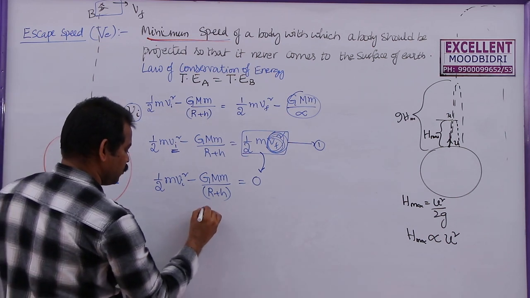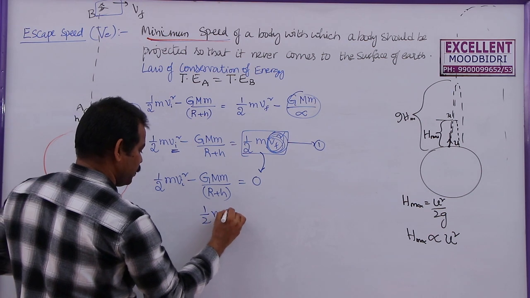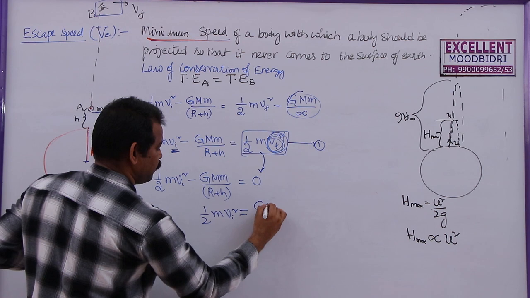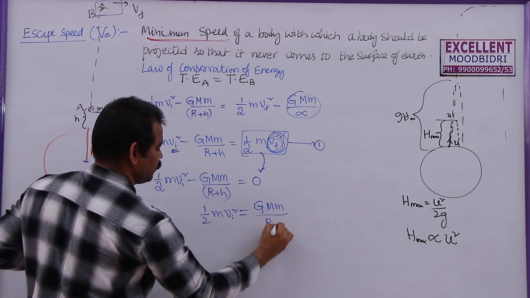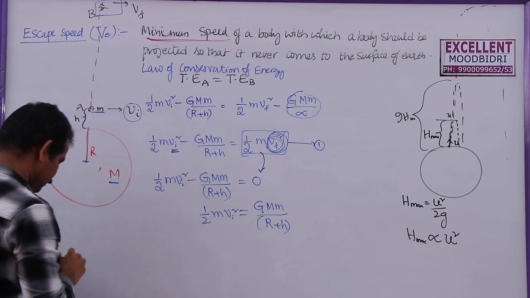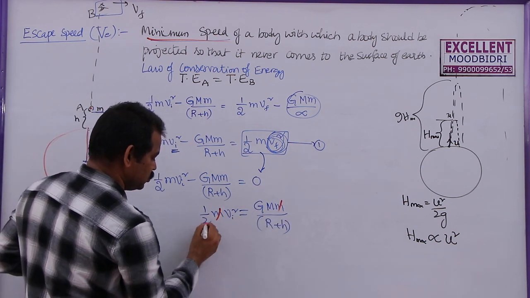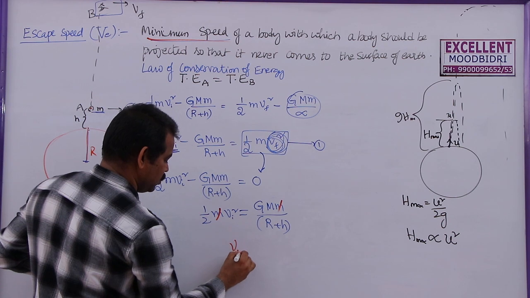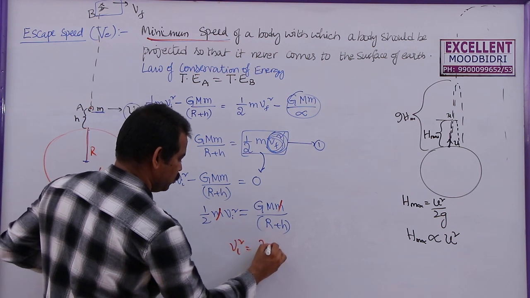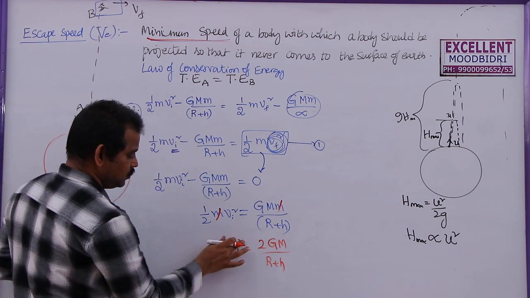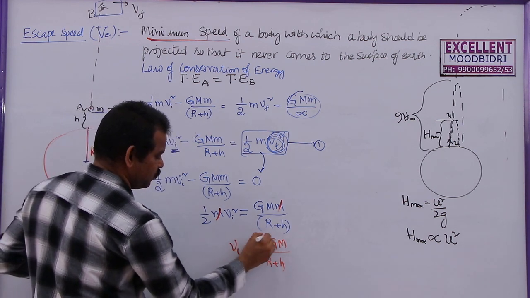Now from this I write: half m v_i square is equal to, when it goes that side, G M m by r plus h. Now if you cancel this m and m here, this 2 will go that side. Initial velocity square is equal to 2GM by r plus h. If you bring this one that side, this will become a root.